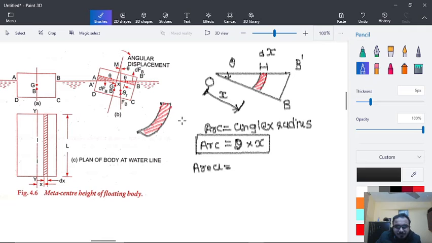Then here this length is x into theta, we can say, and this will be dx. So we can multiply these two as multiplication of two lengths. So this will be x theta into dx.